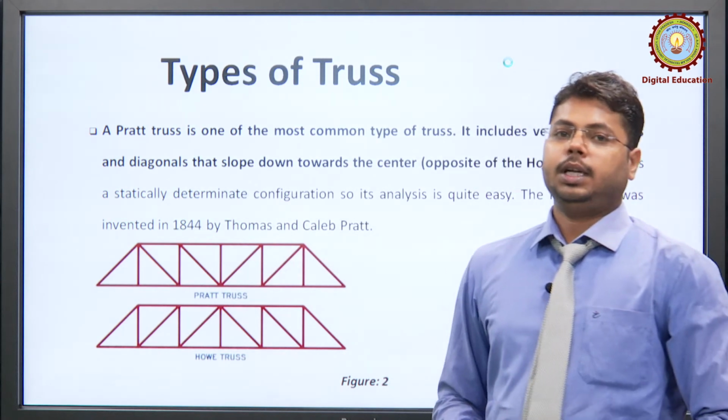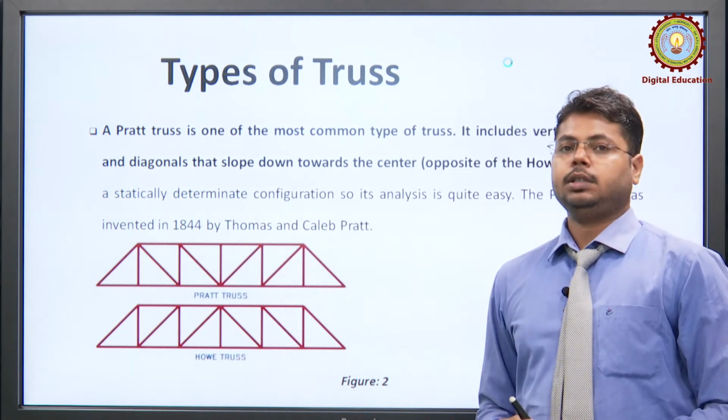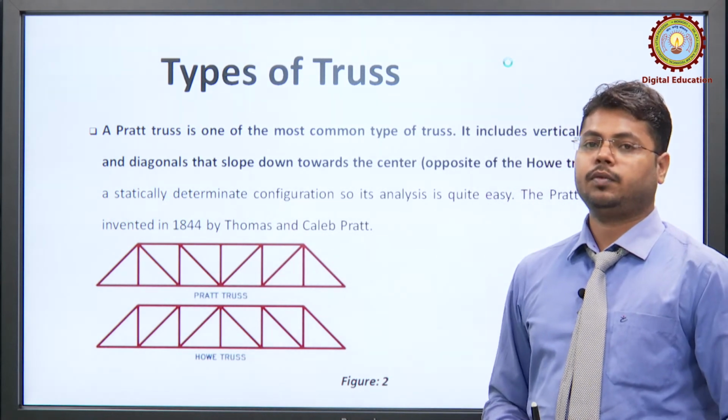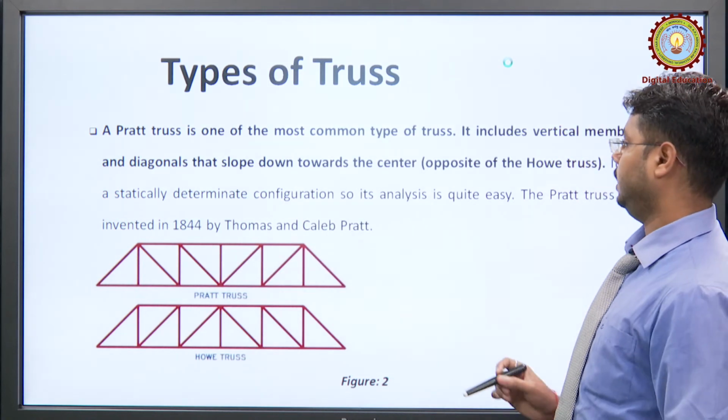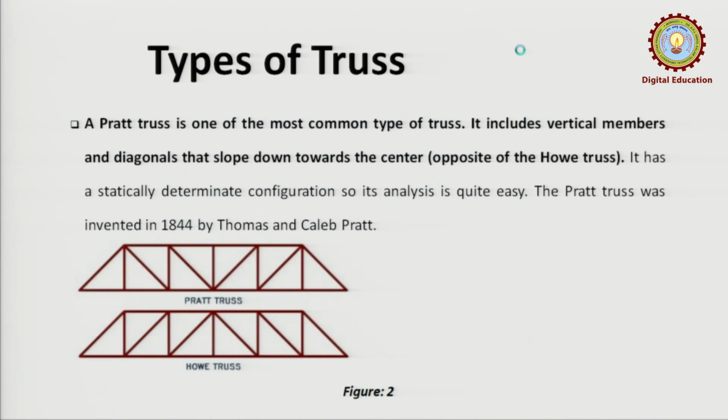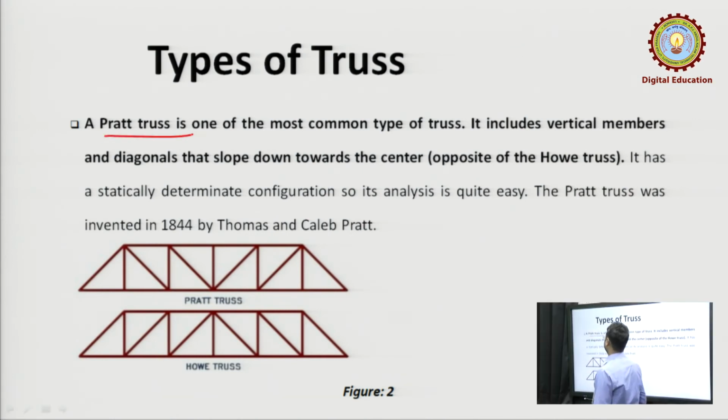So we are going to discuss some more types of truss. What are the different types of truss available in the market? You can see here, first we are going to discuss a Pratt truss.